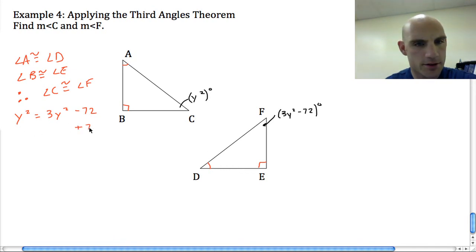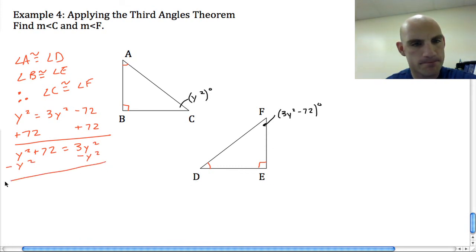And I'm going to solve in this way. I'm going to make that positive, so I've got y squared plus 72 is equal to 3y squared. Subtract y squared from both sides. This goes away. I've got 72 equals 2y squared. Okay, I'll divide by 2 on both sides.